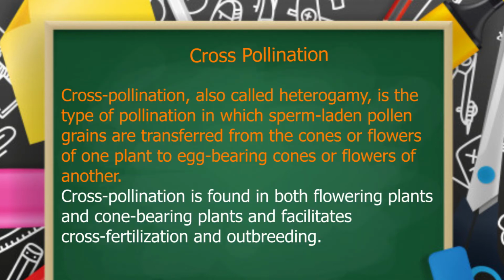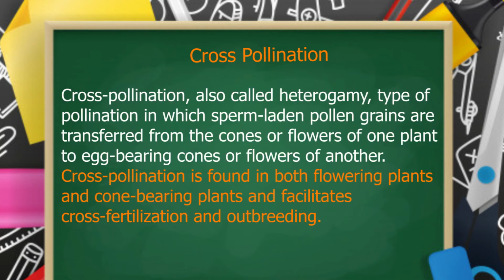Cross-pollination. This is the type of pollination in which sperm-laden pollen grains are transferred from the cones or flowers of one plant to egg-bearing cones or flowers of another plant. Cross-pollination is found in both flowering plants and cone-bearing plants and facilitates outbreeding.